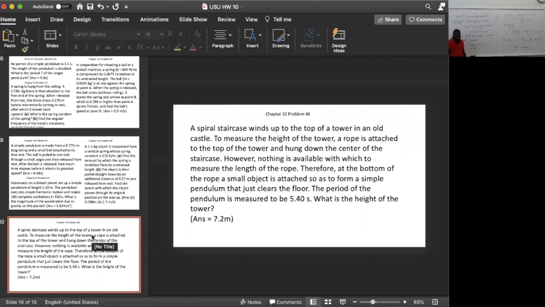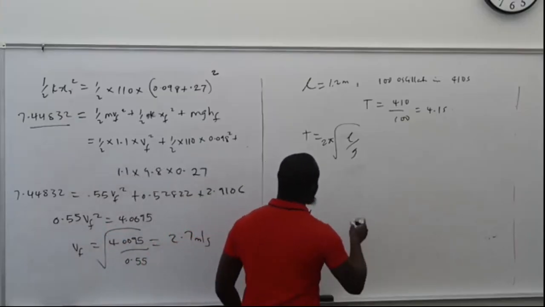And the last problem says a spiral staircase winds up to the top of a tower in an old castle. We're just given the period and we are asked to get the height of the tower, so it's just the length. The period is 2 pi square root of L over g. I'm just going to stop sharing. The period is 5.4 seconds. What length corresponds to 5.4 seconds?